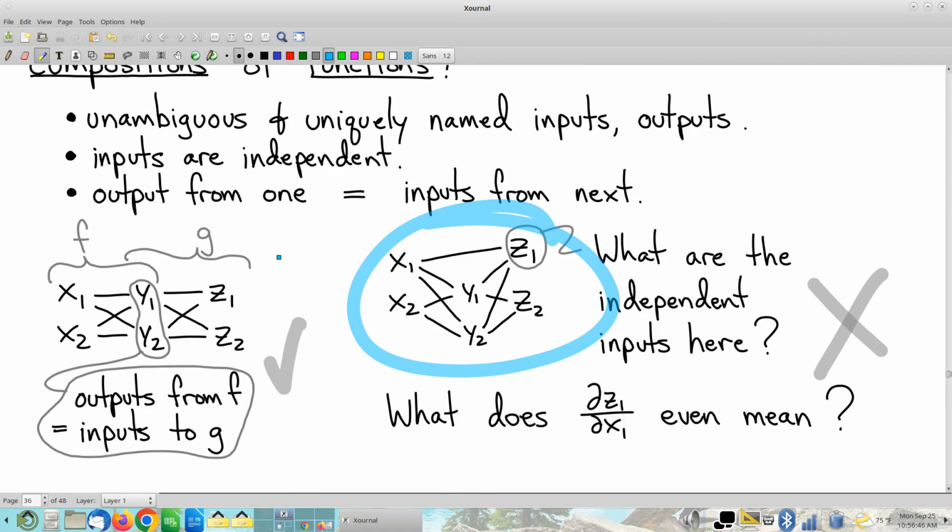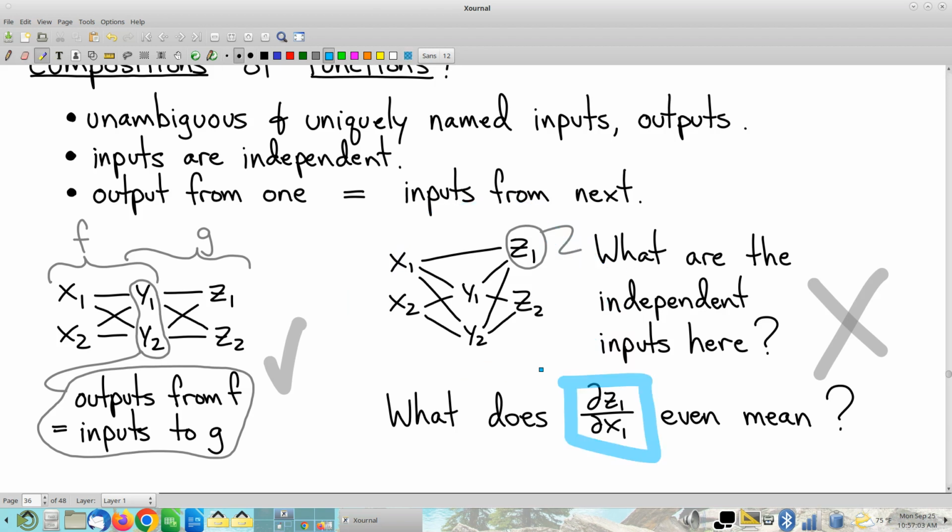Right? Every composition of functions creates a diagram, but there's plenty of diagrams that don't come from a composition of functions. So here's another way to say it. Let's ask the question here, as I have written down in this diagram: what does the partial of z1 with respect to x1 mean? Okay, well, let's see here. Here's z1.